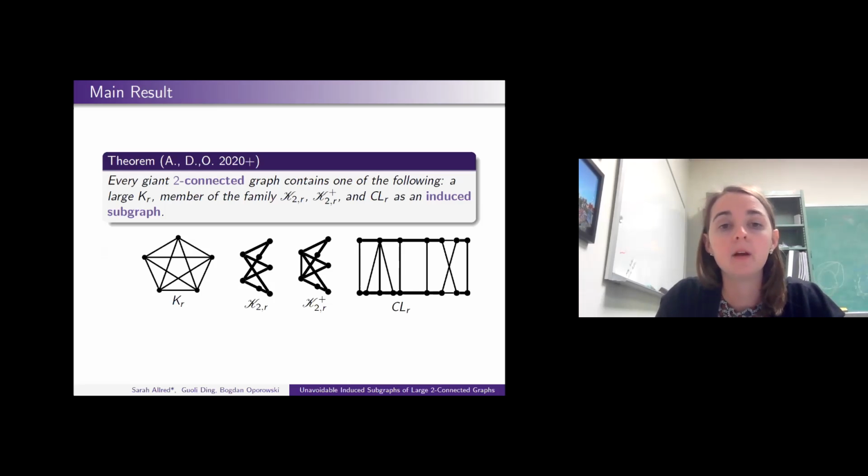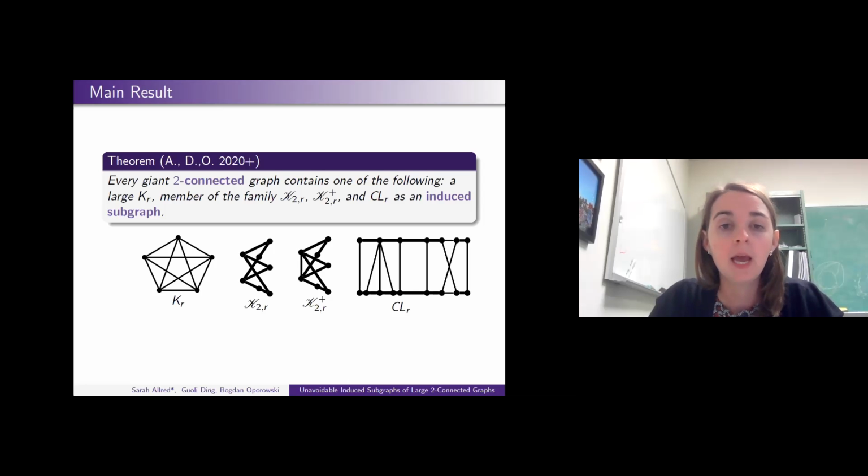And the next one, our family K2R, is the complete bipartite graph K2R, where the edges may be subdivided a finite number of times. Notice that in K2R, the edges are a little bit thicker than the edges in KR. Anytime in this talk you see edges that are thicker, that means it could be a path, whereas thinner edges are definitely just a single edge.